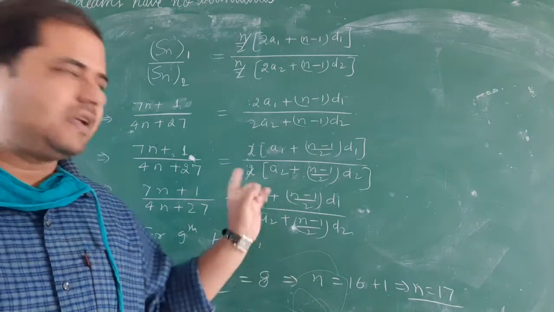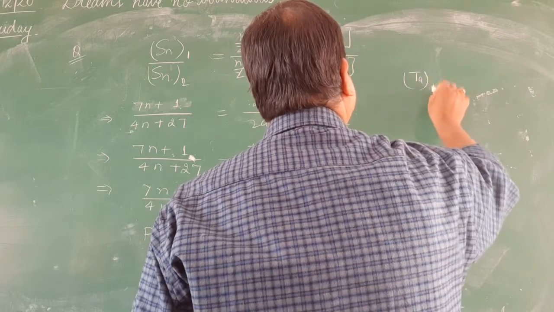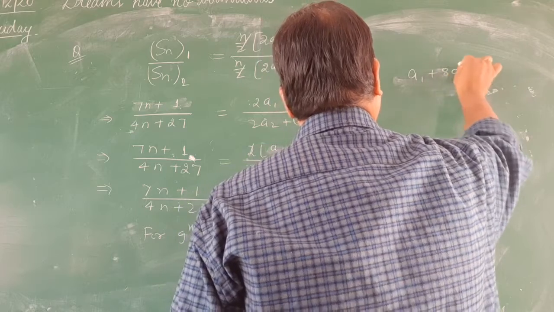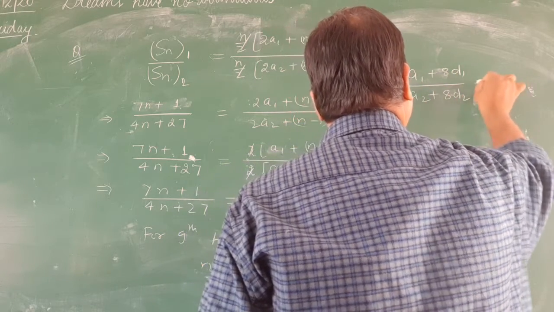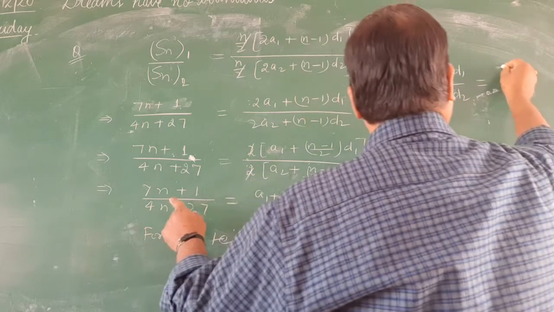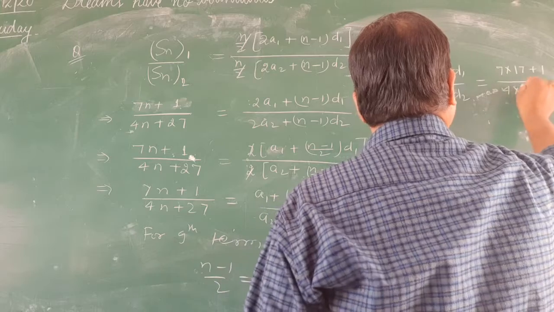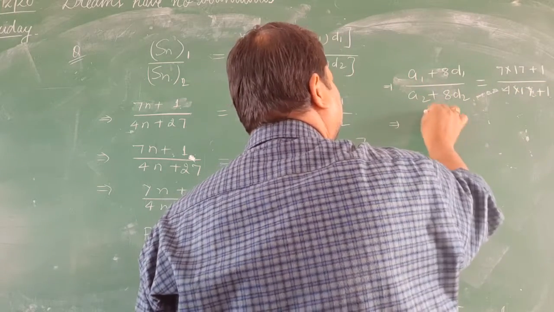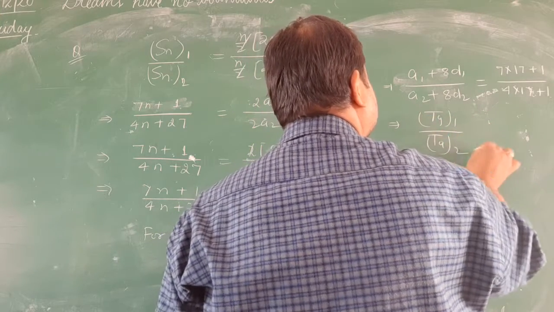Then what will happen? T9 of the first is a1 plus 8d1 divided by a2 plus 8d2, and this is nothing but 7 into 17 plus 1 divided by 4 into 17 plus 1. This is T9 of the first and this is T9 of the second.